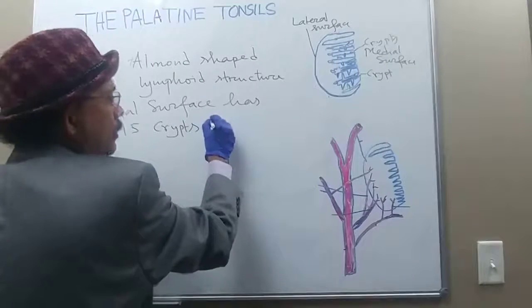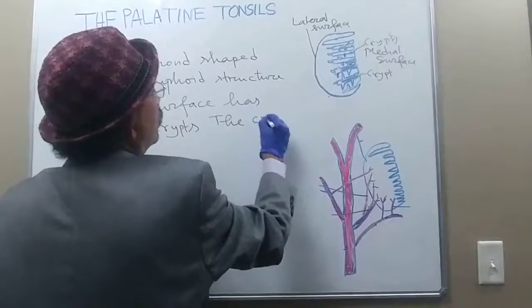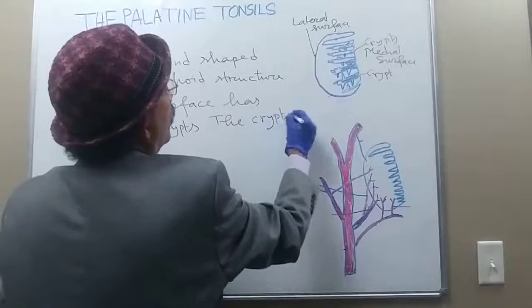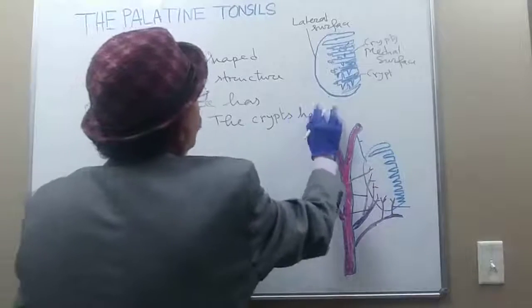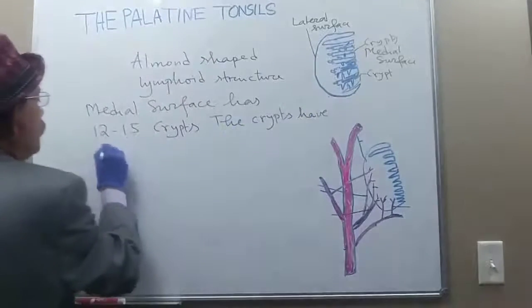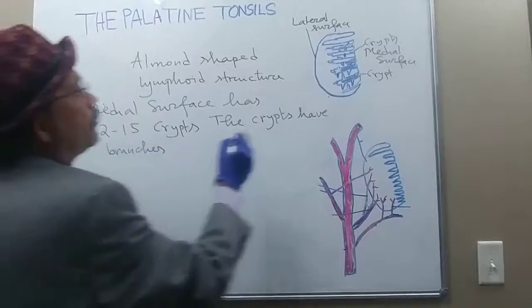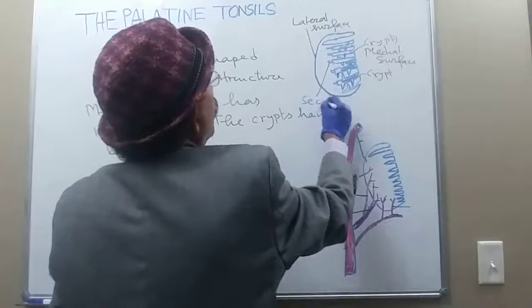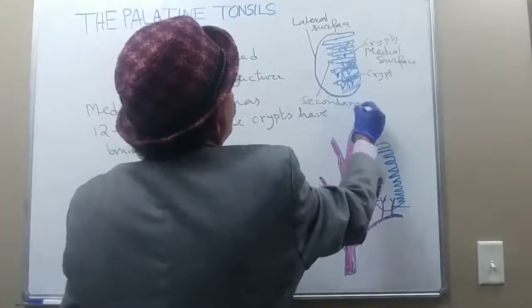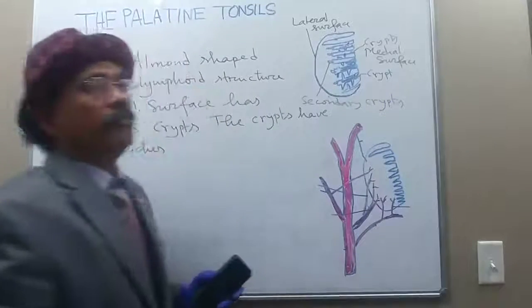The crypts are also branched. The crypts also have branches. We get secondary crypts. One of the crypts is very large.